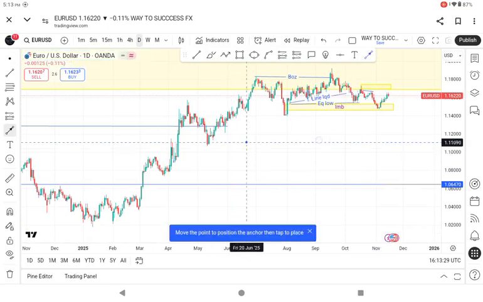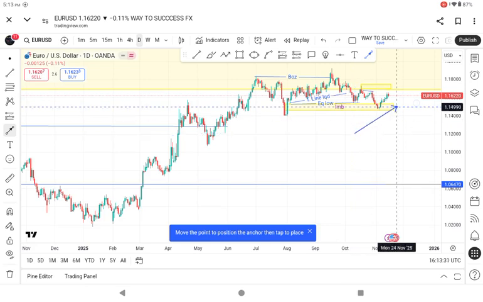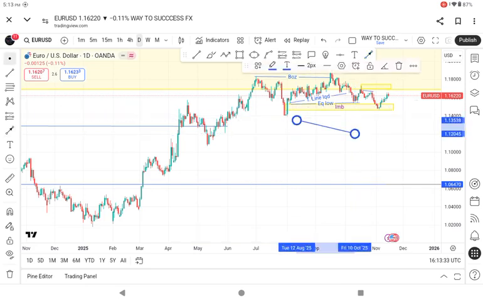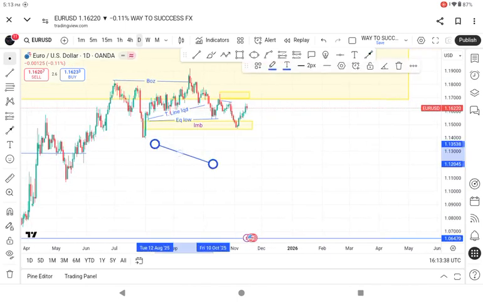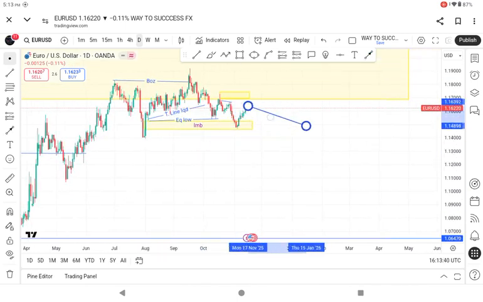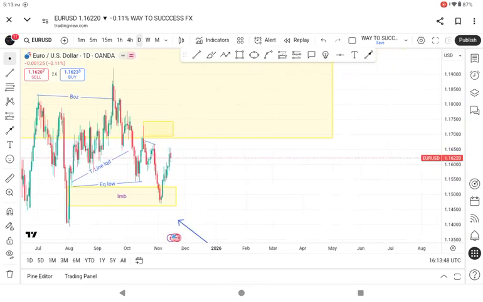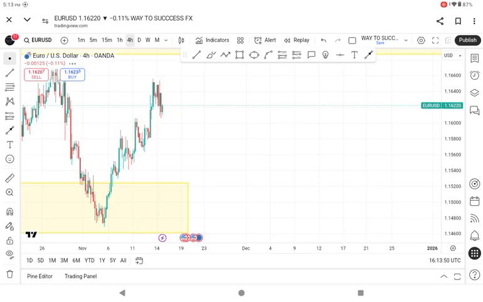So that is what we have in EURUSD currently now. If I will be buying at this level where price is now, I will be looking for this box for my TP. So let's go back to H4.